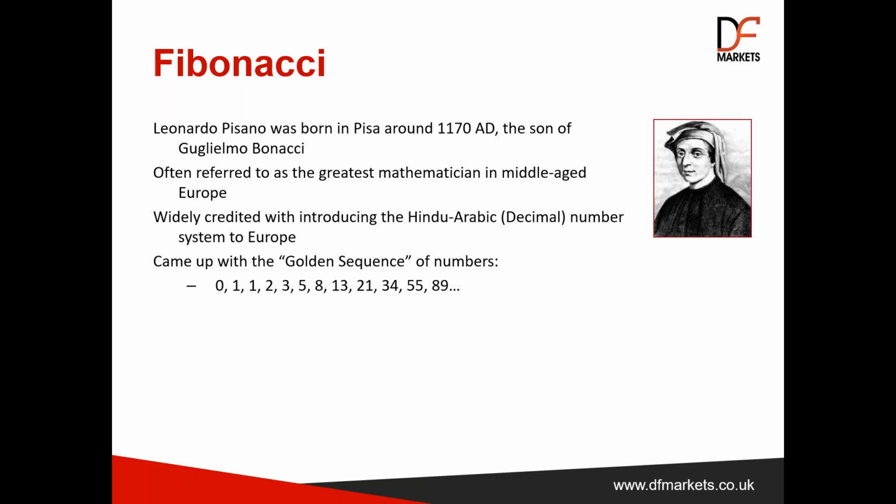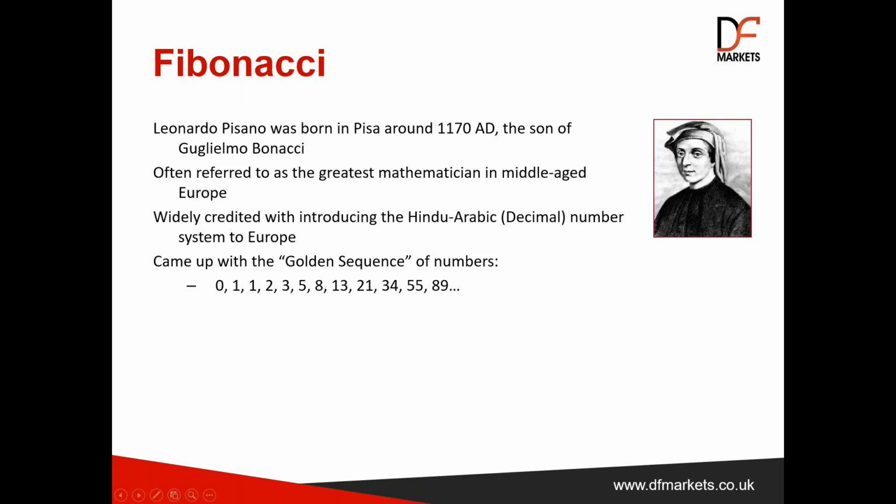He also came up with what's known as the golden sequence of numbers. The golden sequence being this sequence right here: 0, 1, 1, 2, 3, 5, 8, 13, 21, 34, 55, 89, 144, etc., etc. Where do we get those numbers from?